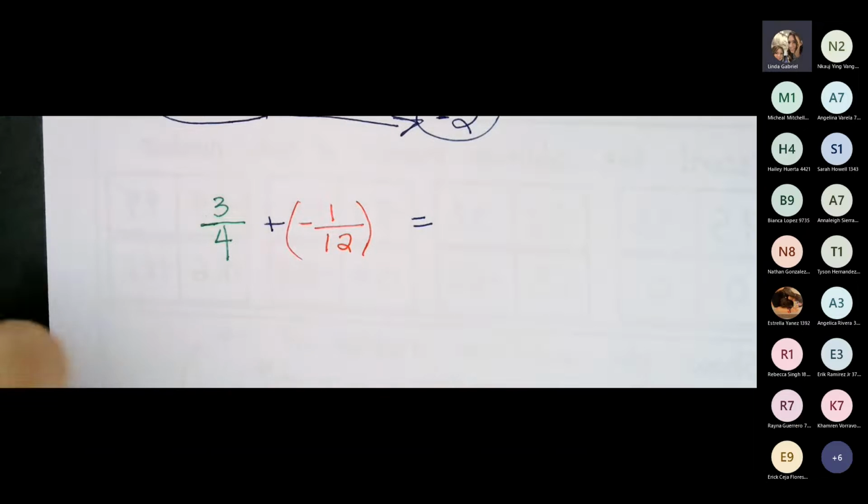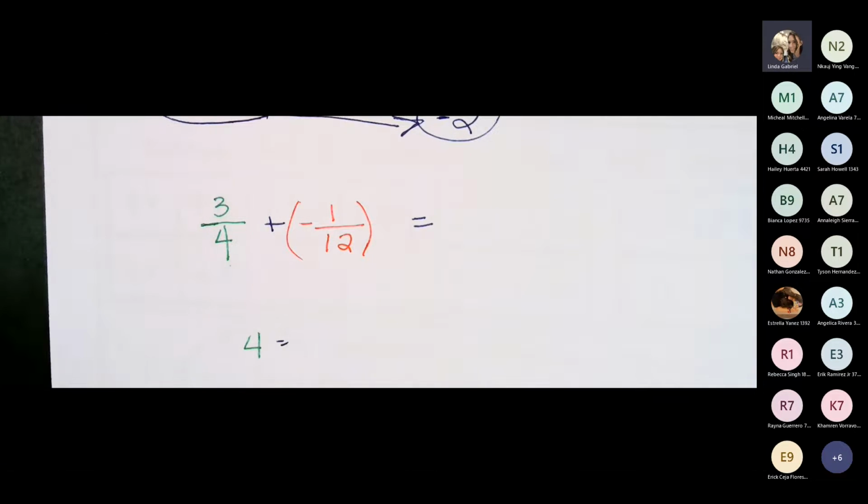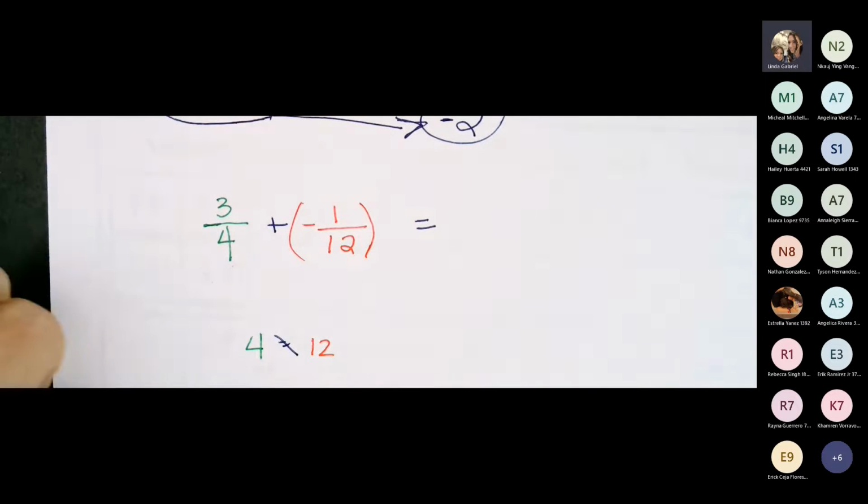All right, so my denominators are not equal to each other, right? 4 is not equal to 12. So I need to figure out how to get that value, my denominator, that is equivalent, so that way I can add both of my numbers.